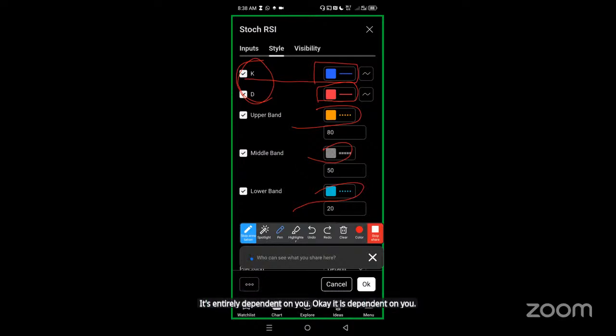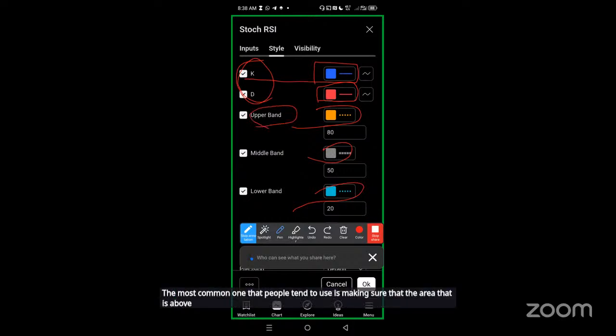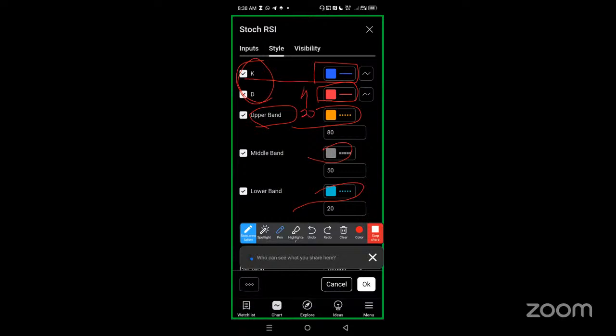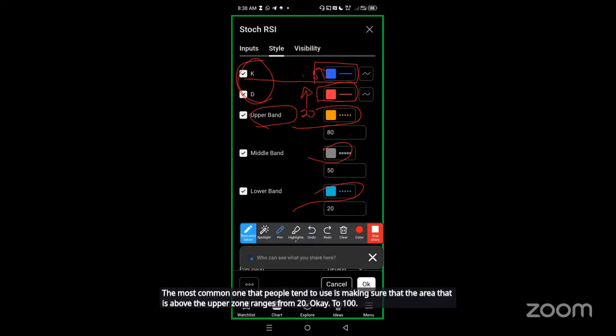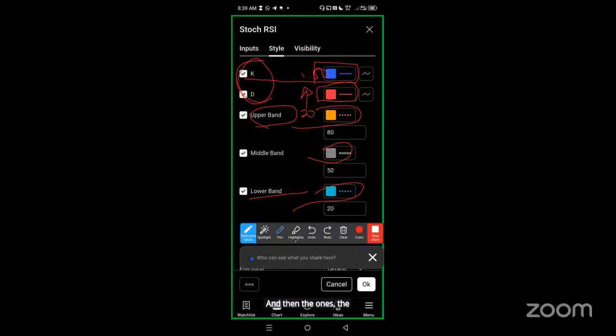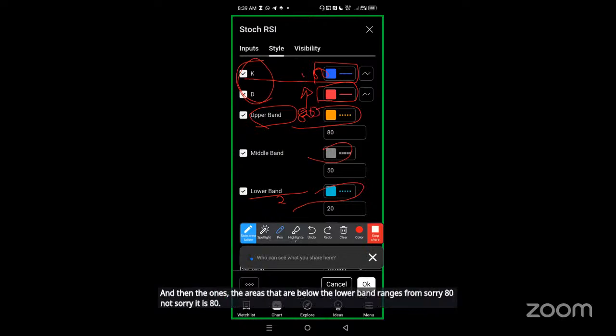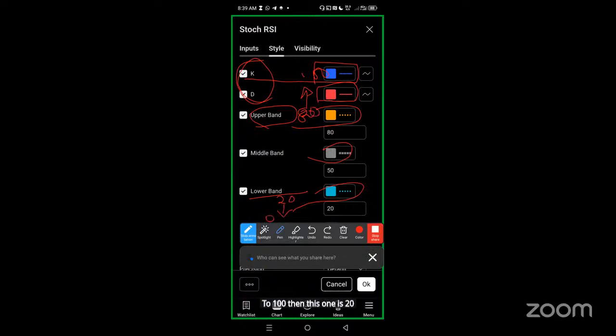Though the most common one people tend to use is making sure that the area above the upper zone ranges from 80 to 100, and the area below the lower band ranges from 20 to 0.